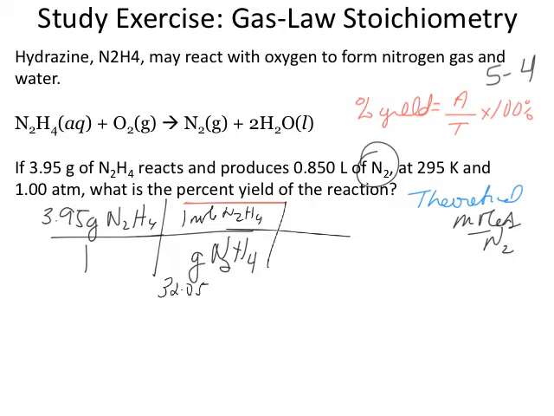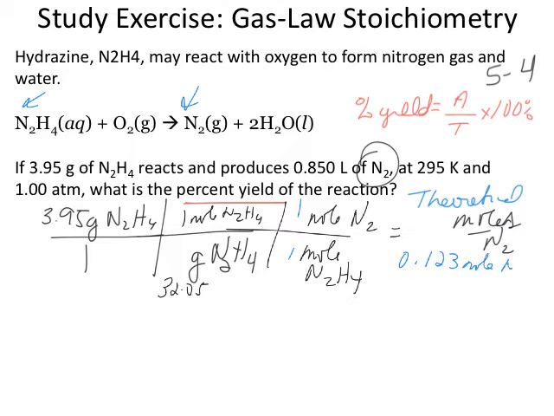And then we're going to be able to turn that into moles of hydrazine to moles of nitrogen. What are our coefficients? There's no coefficients there, so that would be 1 and 1. You put that in your calculator, you get 0.123 mole of nitrogen. And that's our theoretical, because we start with 3.95 grams of hydrazine. That's the most that we can produce.